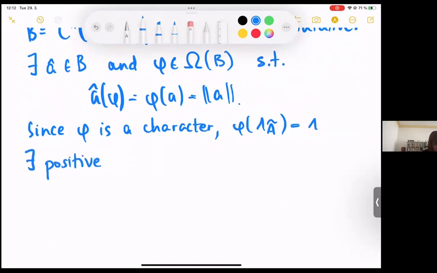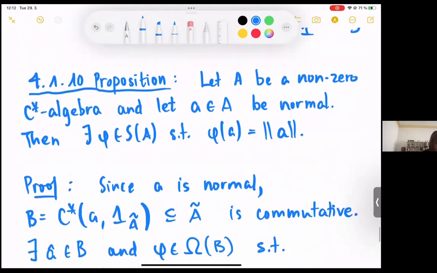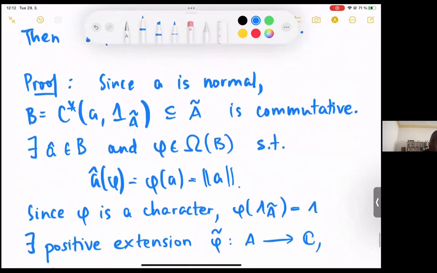So in particular, phi is positive, and therefore we have a positive extension to all of A. And we can see that phi tilde satisfies the requirements of the proposition.